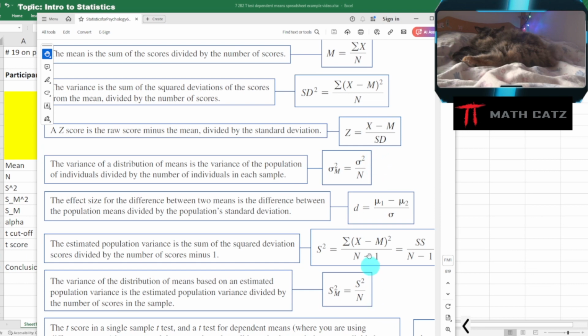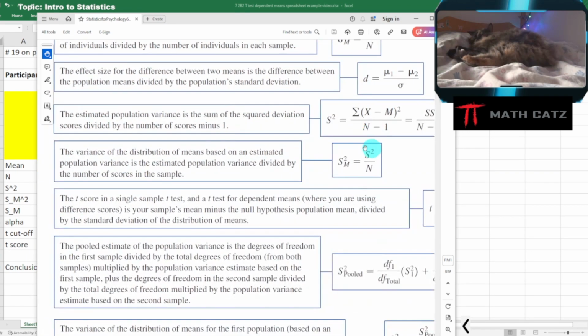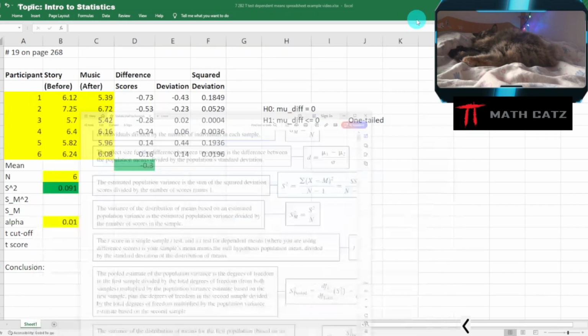Now this is for the population, but the exact same thing is here for the estimate. So I have to take my variance estimation of the population and then divide it by the sample size to get the variance estimation for the distribution of means.